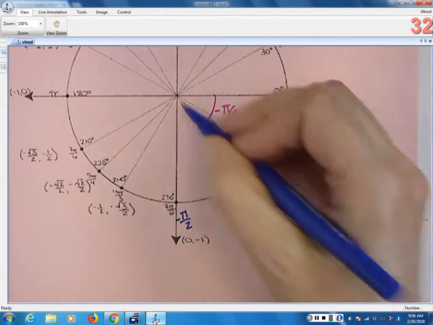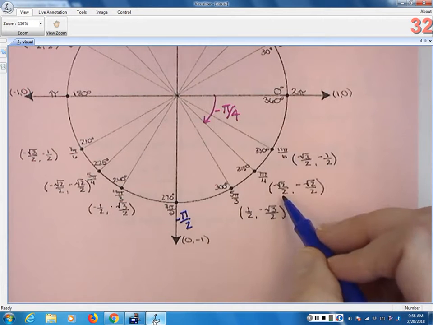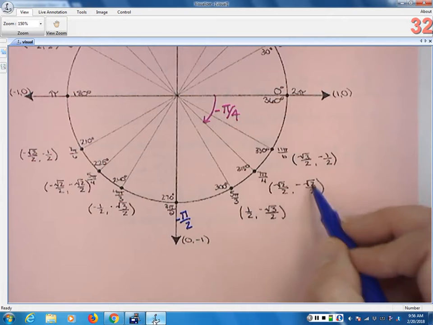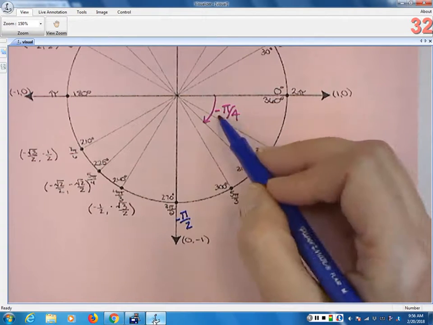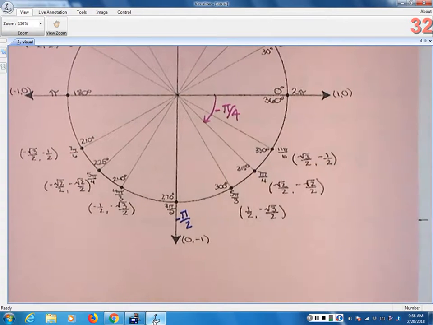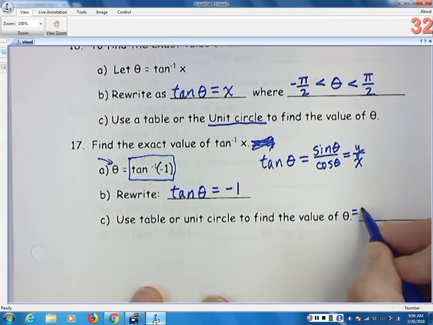This is minus pi over 4. So when you put these on top of each other, same numbers, a negative sign, that's -1. So the answer is theta equals minus pi over 4.